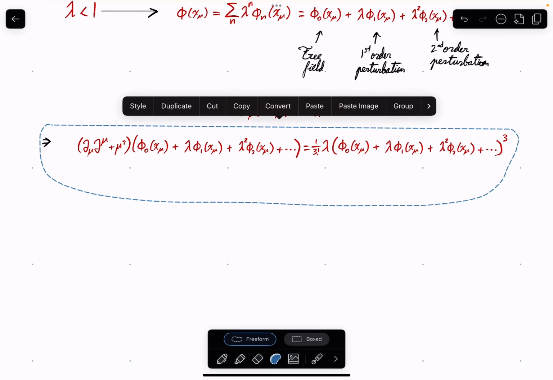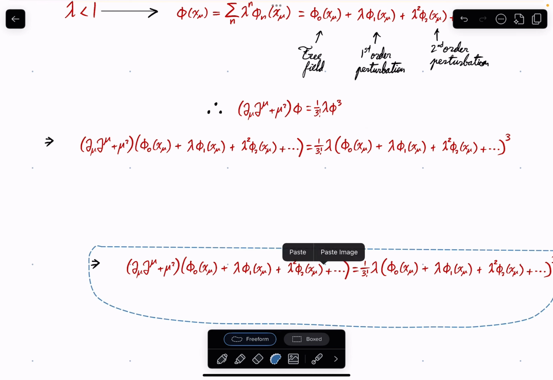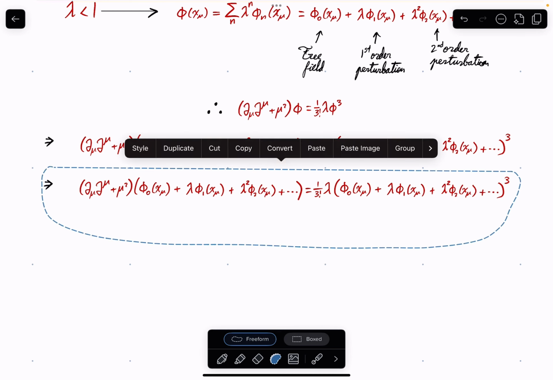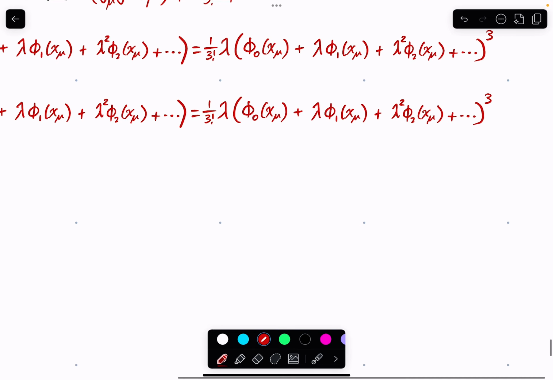Okay. Now we can expand out the right side a little bit. So when we multiply this 3 times, the leftmost term will be phi naught times phi naught times phi naught. So phi naught cubed will be the first term. And then we'll have 3 iterations where phi naught is squared.